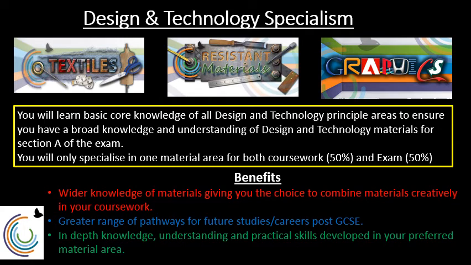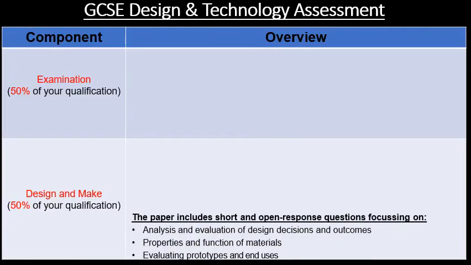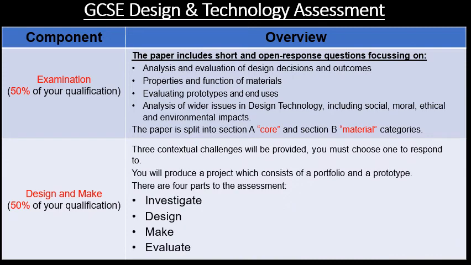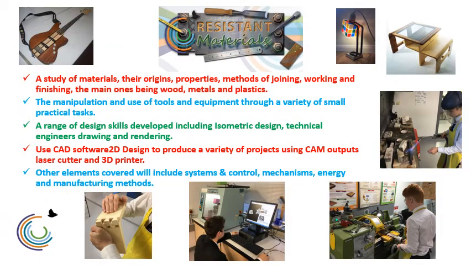Again, the benefit of that is that we get a good combined knowledge of all the materials that we can work with. And there's the brief overview of how the course is laid out. And again, some more details about what you're going to actually study at GCSE.